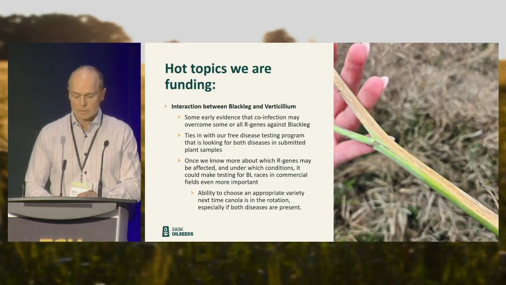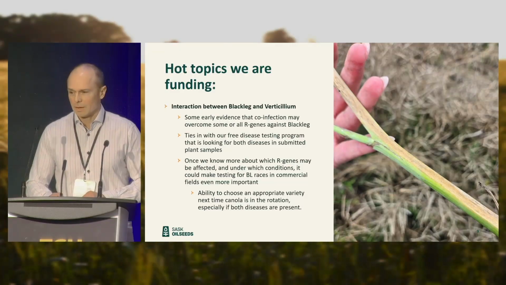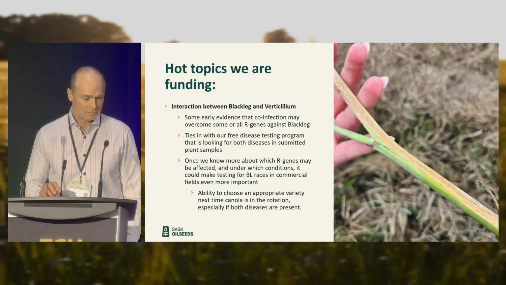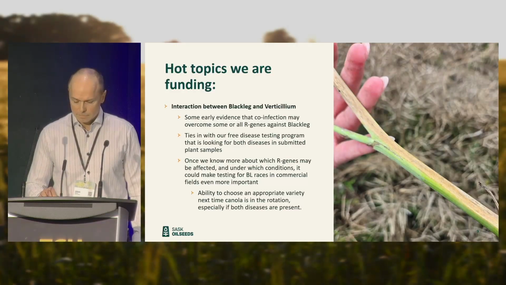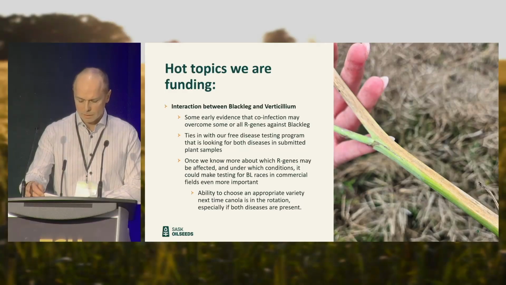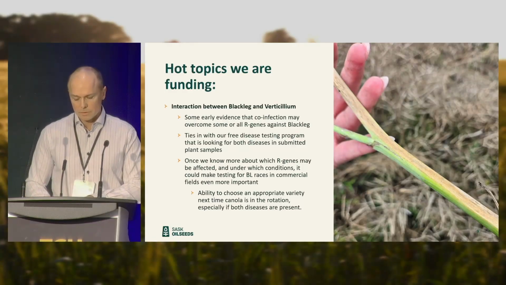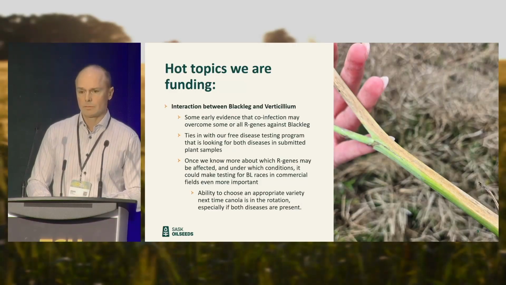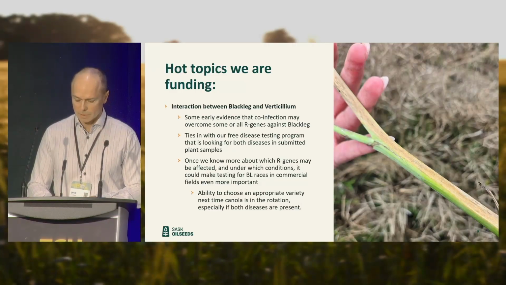So there isn't really time to summarize 100 projects, so I'm just going to briefly go over just a few last slides here. We are co-funding several projects with at least some aspect of co-infection with blackleg and verticillium.